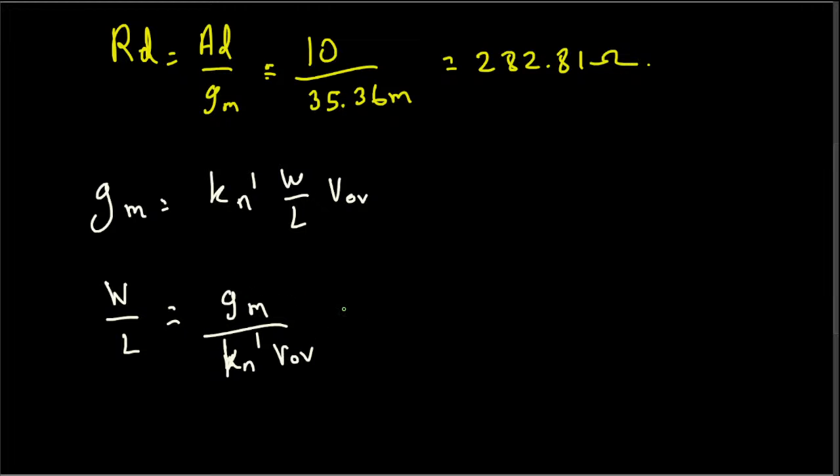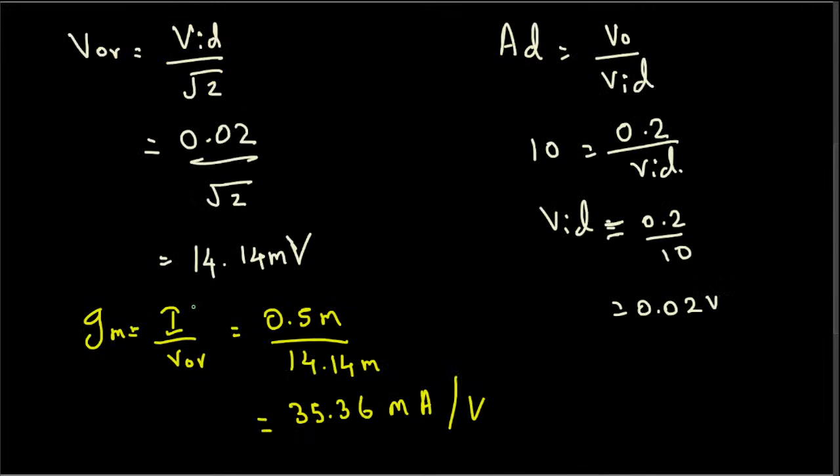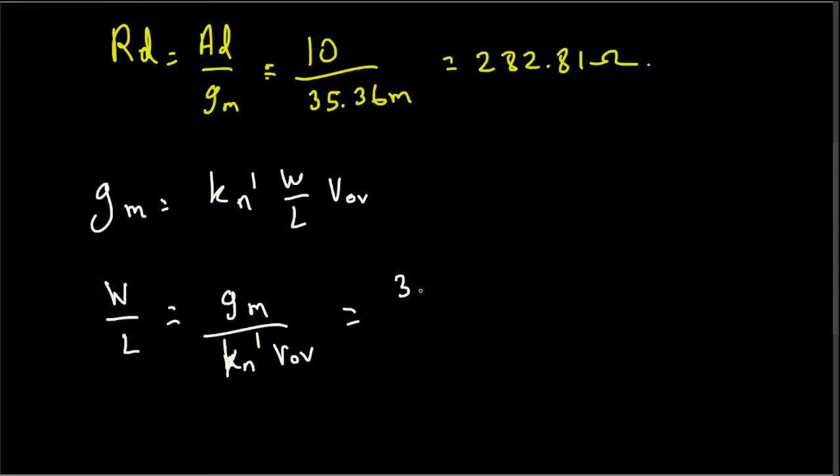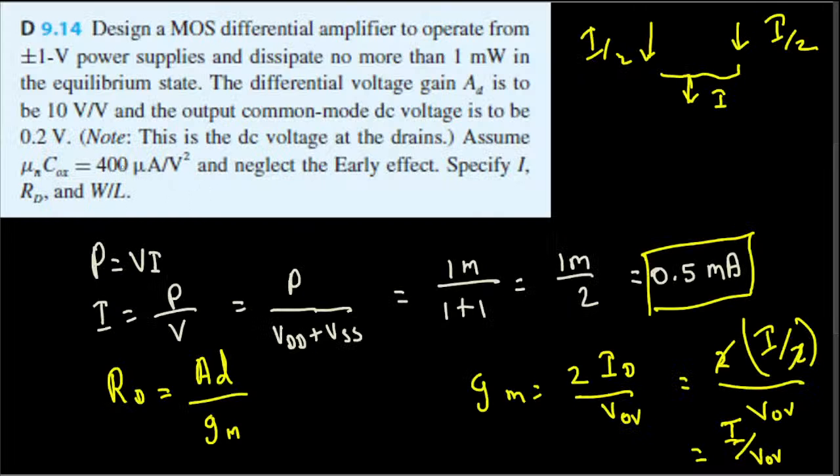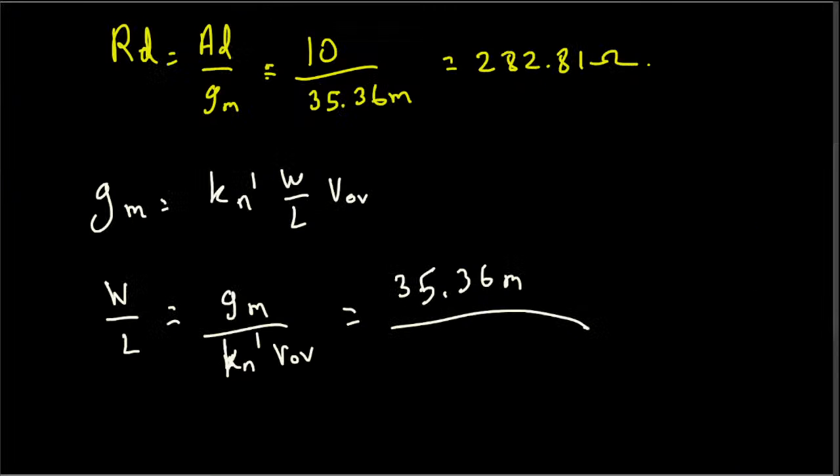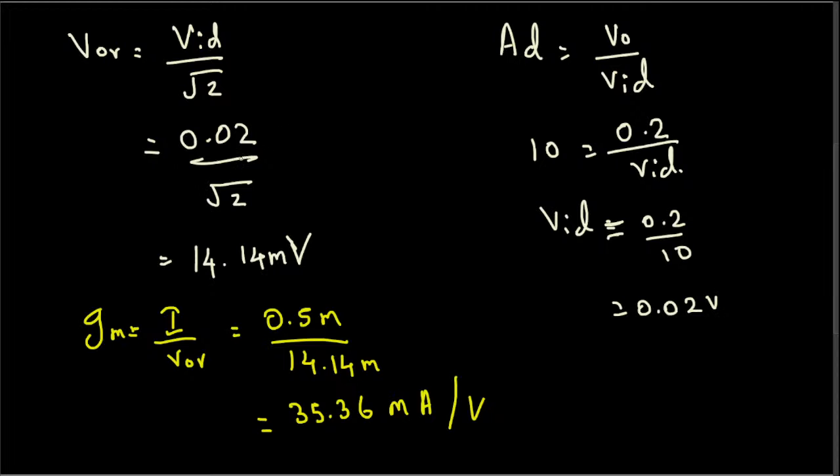We have all the values available. gm we just calculated, 35.36 milli, and Kn prime is given in the question, it is μnCox, equal to 400 microamperes per volt squared. V overdrive we calculated as 14.14 milli.